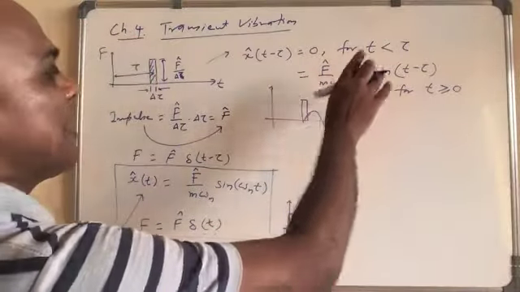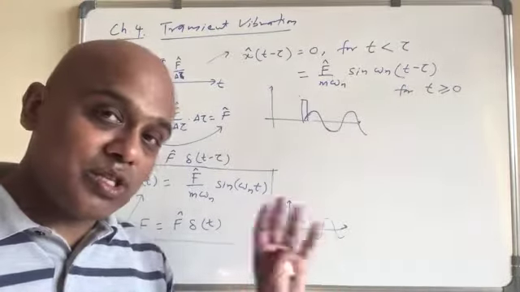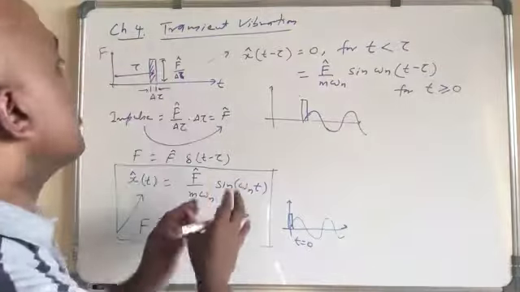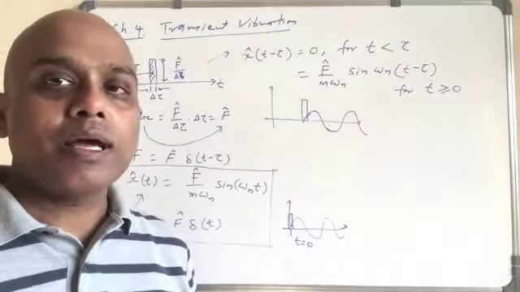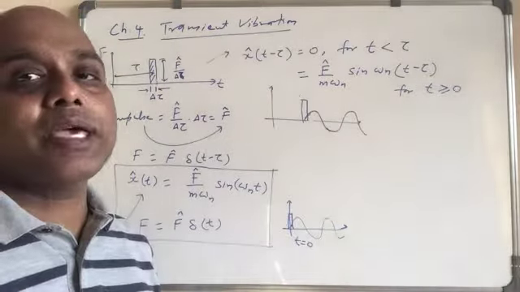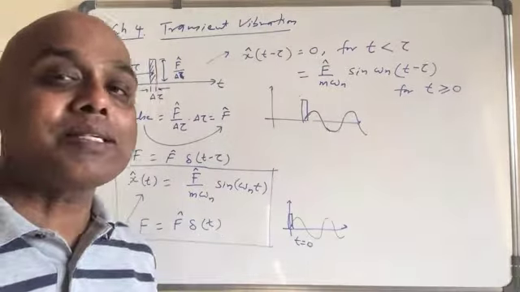So why do we have t minus tau terms appearing here? Because we are going to use this. What I mean to say is, if you know the solution for an impulse, you can find the solution for any kind of force, and that's what we will see here.